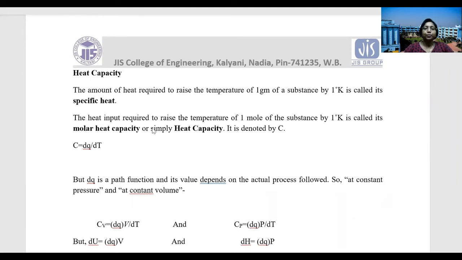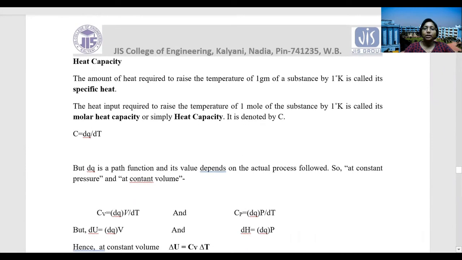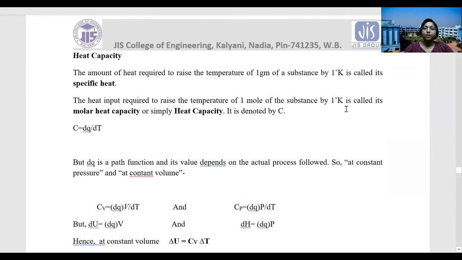The heat input required to raise the temperature of 1 mole of substance by 1 degree K is called molar heat capacity, or simply heat capacity, and it is denoted by C. C is equal to dq by dT.